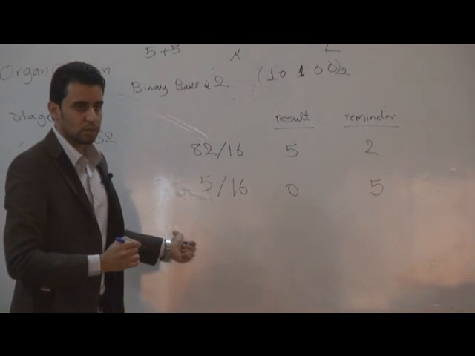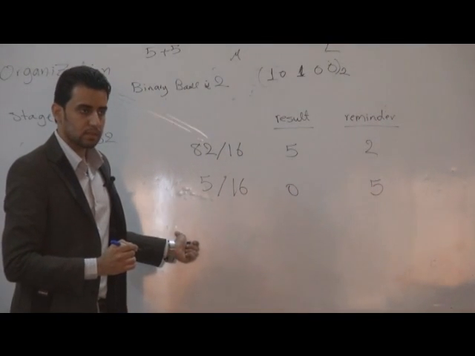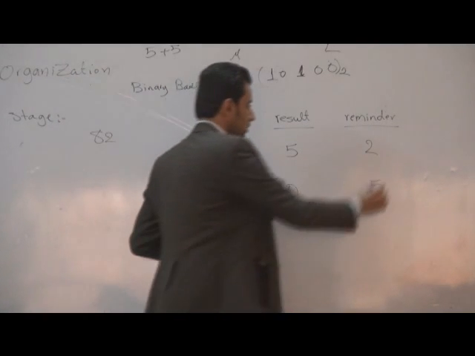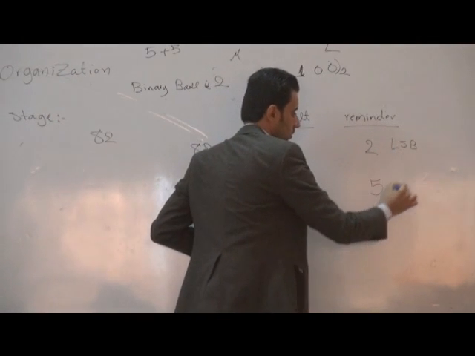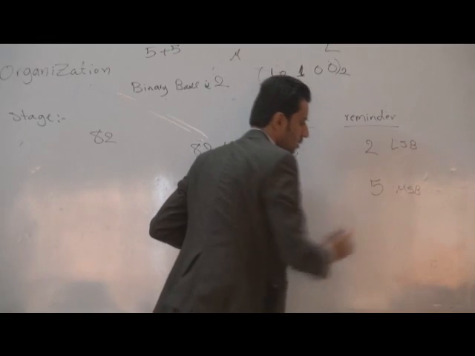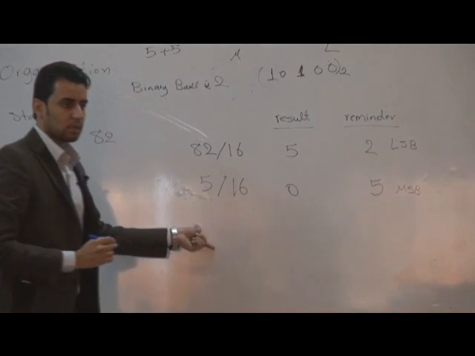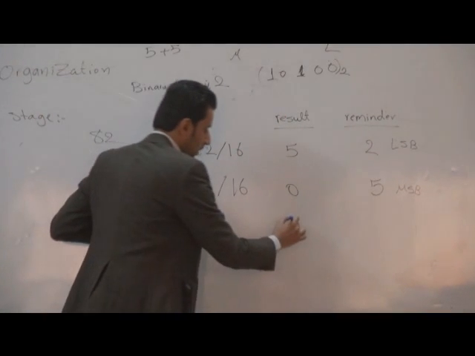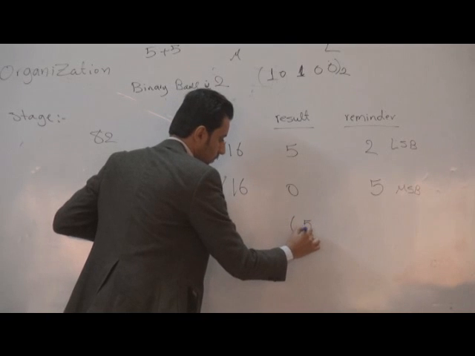Now we have 2 digits. The first one is the least, and the second one is the most. We will write it in this form.